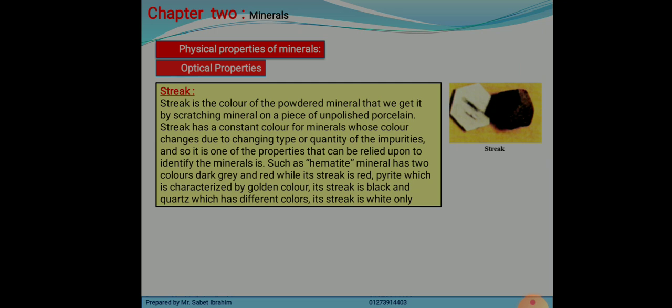Pyrite, characterized by a golden color, has a black streak. And quartz, which has different colors, has a white streak only.